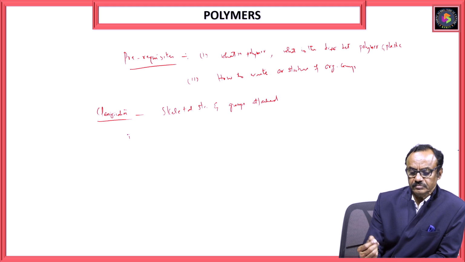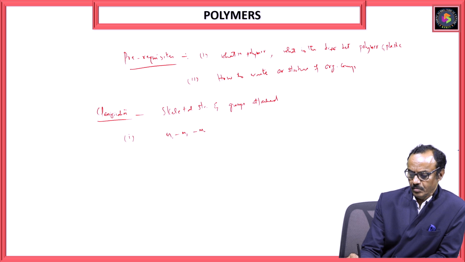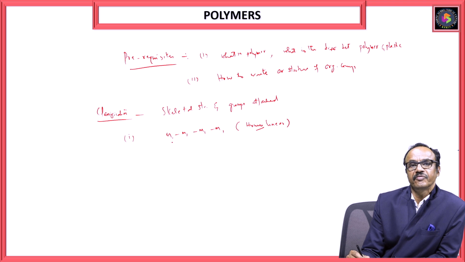First one, homolinear. This polymer is made up of identical monomers in a straight chain. It is called homolinear polymer.